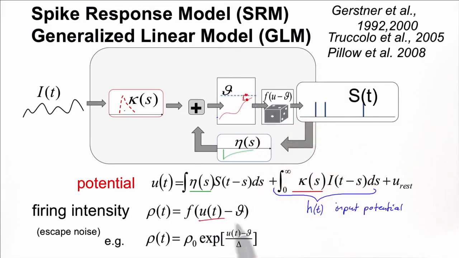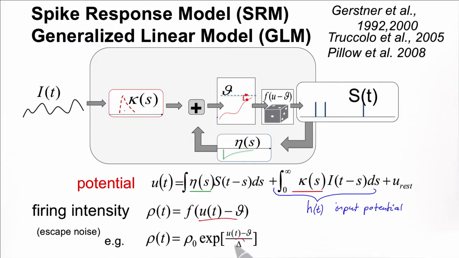And if this distance, u of t minus theta, is small, then there's already a certain likelihood to fire, even though the membrane potential has not yet reached formally the threshold. For example, if u of t is just 1 millivolt below threshold, and delta is 1 millivolt, I would have here e to the minus 1, which is already a certain instantaneous rate, a certain instantaneous probability of firing.